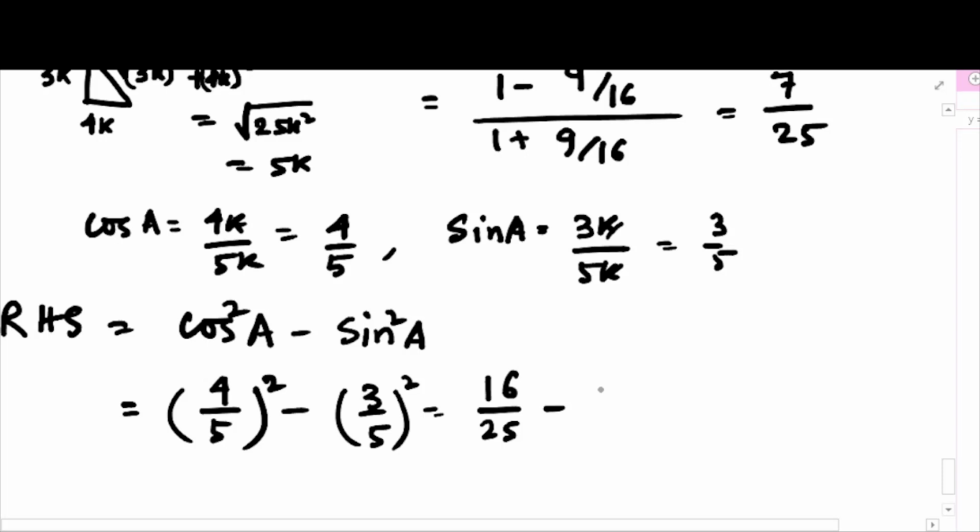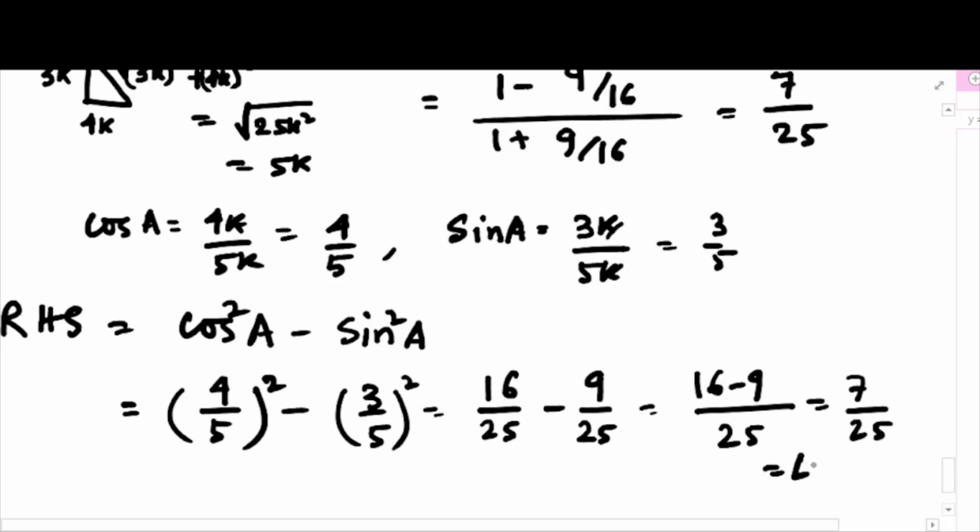So here we have 9 by 25. If we do 25 as the LCM, 16 minus 9, it will give us 7 by 25, which is equal to the LHS, and hence proved. Okay, this was question number 8.